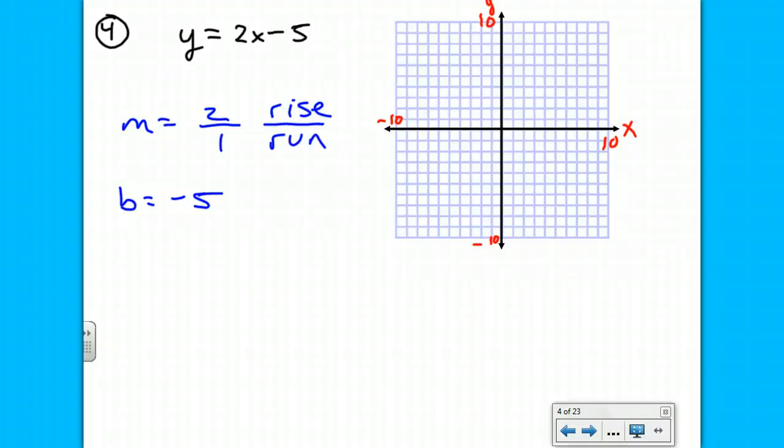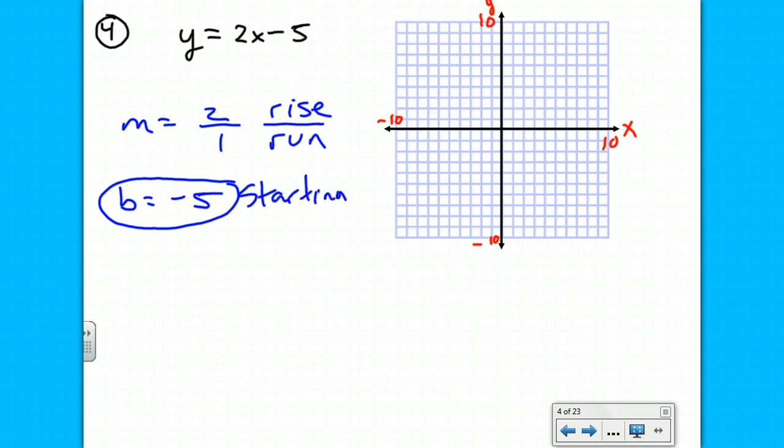It means a place that's on that axis, right? So your y-intercept is your starting point. It's really huge. That's your starting point. And it's a y-intercept. So we are going to stay on the y-axis and go to -5. And there it is, a starting point.